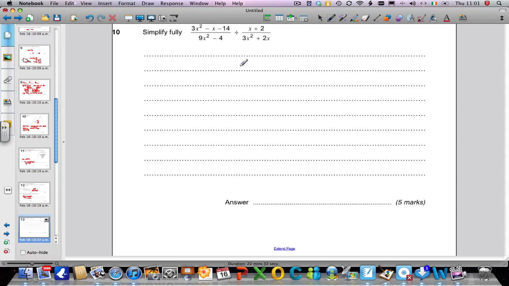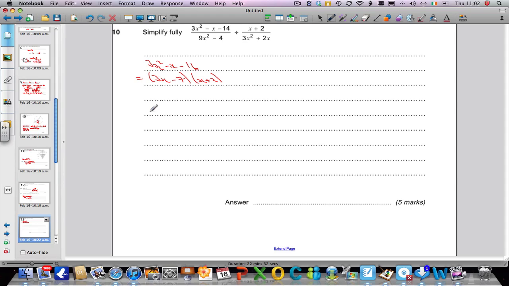So before we actually tackle the question, let's factorize. 3x squared minus x minus 14, when we factorize that, we get (3x minus 7)(x plus 2). Now, I'm not going to go into how I factorize that.